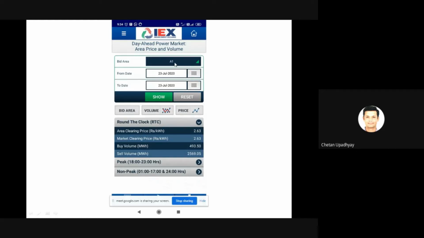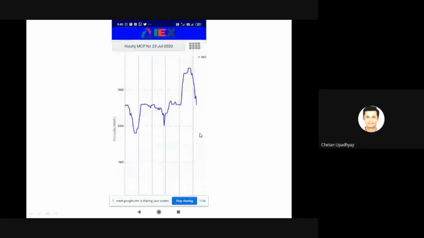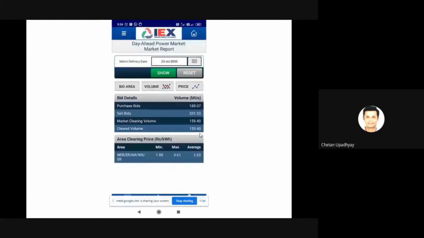For example, I had taken a snapshot for A1, that is for northern region. If you set A1 and the date, whichever you want, you can have a weekly report also. So if you take the example of 23rd July, then it is going to give you round the clock 2.63, that means 2 rupees 63 paisa, which is already decided.